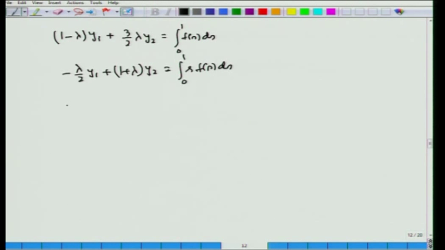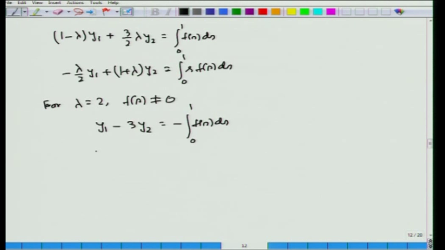So, here if we assume that lambda equal to 2 and f(s) not equal to 0, the above system of equations reduces to y1 minus 3 y2 equal to minus integral 0 to 1 f(s) ds and y1 minus 3 y2 equal to minus integral 0 to 1 s f(s) ds.